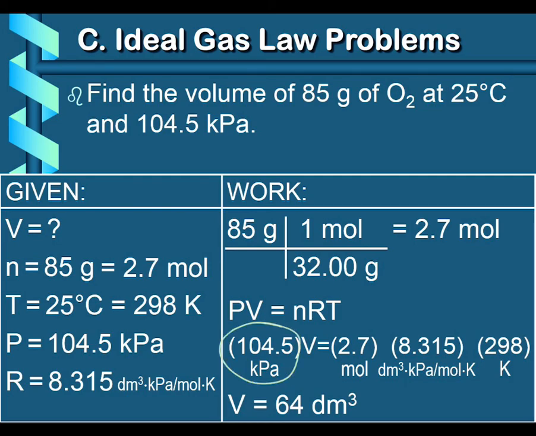So in your calculator, it'd be 2.7 times 8.315 times 298 divided by 104.5 kilopascals. And you can see your units cancel out here. kPa cancels, mole cancels, Kelvin cancels. We are left with decimeter cubed. And your final answer is 64 decimeters cubed, which is also equal to 64 liters.